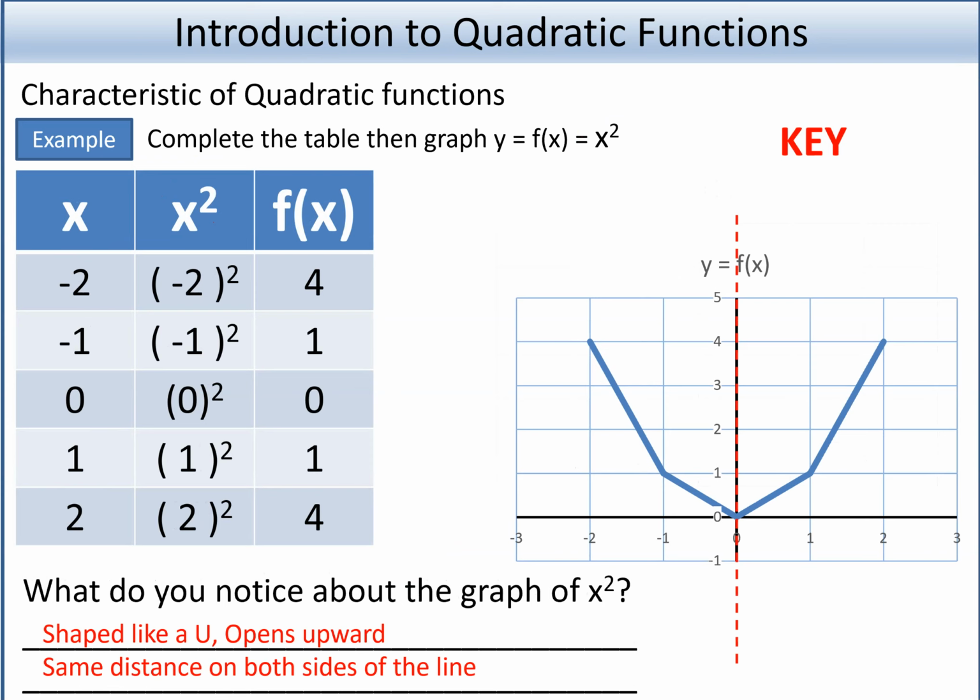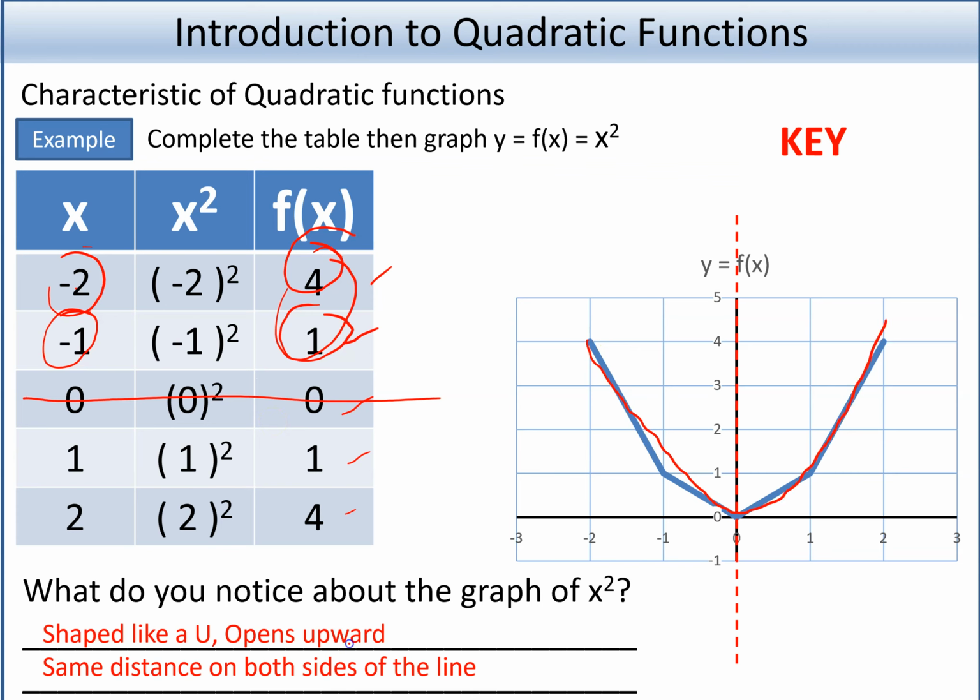If we evaluate x squared at -2, -1, 0, 1, and 2, we get 4, 1, 0, 1, and 4. Notice if I split this right here, it's the same on this side. So when x is -2, y is 4, when x is -1, y is 1. So we get this curved looking thing here.